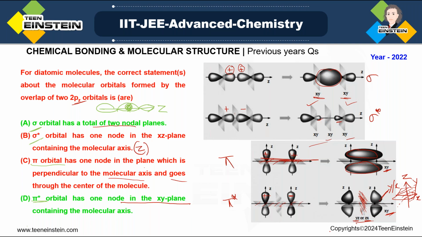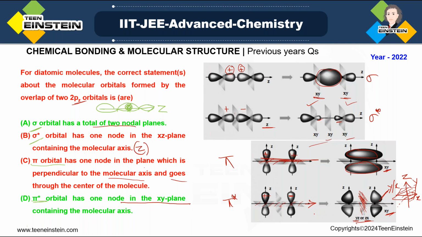Sorry for that. Molecular axis is not z because see, pi bond formation takes place only after the sigma bond formation. And when we are talking about sigma bond formation, the lobes are on the z axis, and this is actually the molecular axis. But when you are considering pi, the orbitals are always perpendicular to the molecular axis. So now this one you have to consider as the molecular axis, and this is in the xy plane.